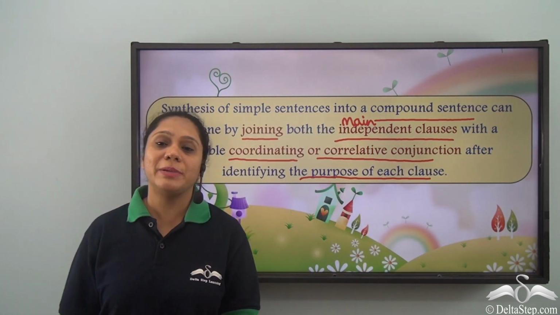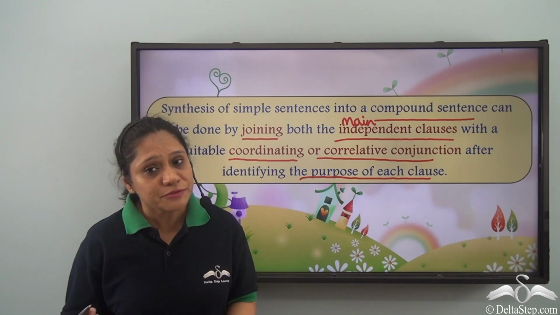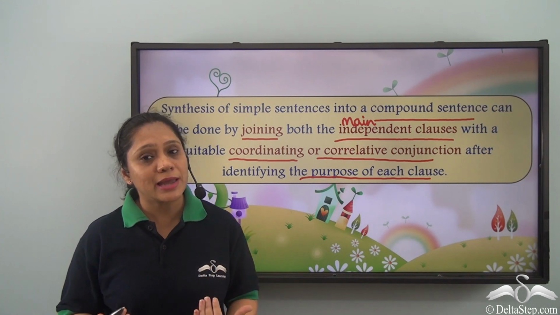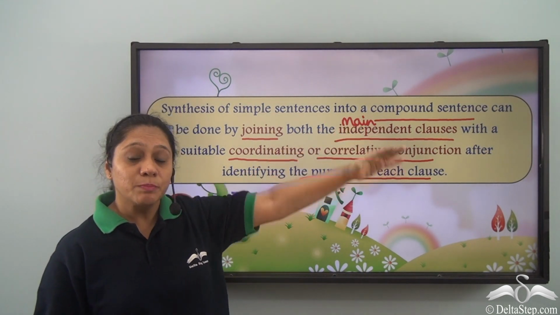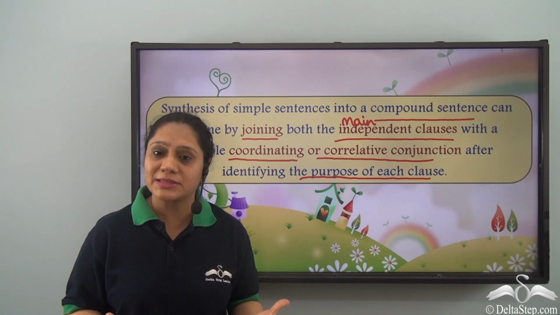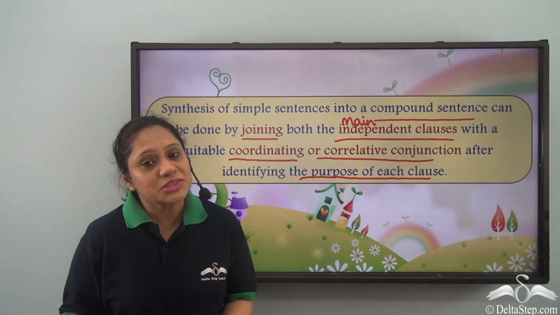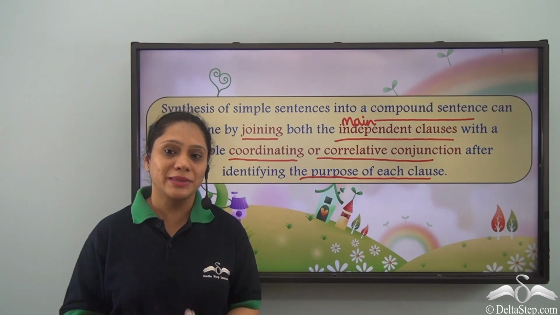So, if you have been given two simple sentences and you have been given specific instructions to join them into a compound sentence, what you need to do is identify the purpose of each sentence or the independent clause and then decide which conjunction you are going to use to join them.